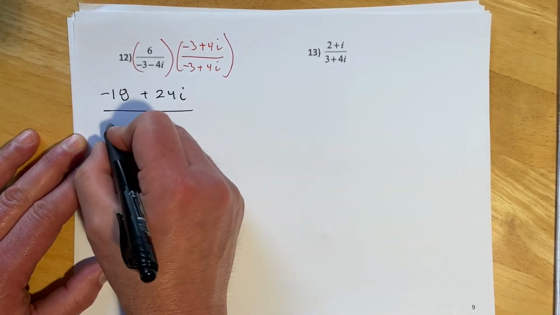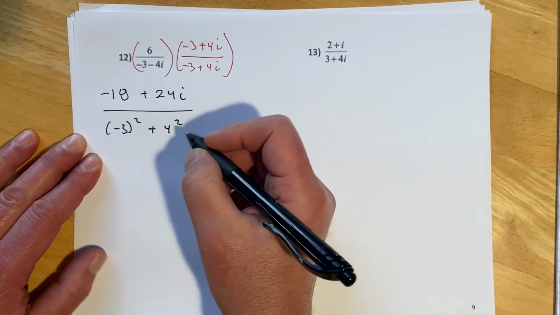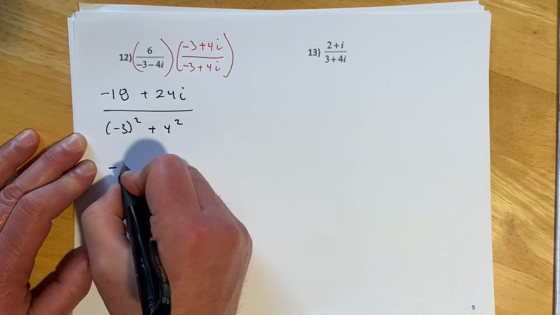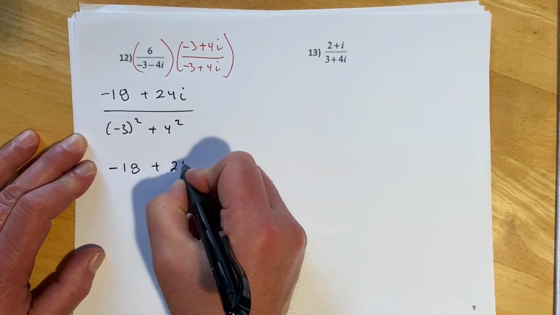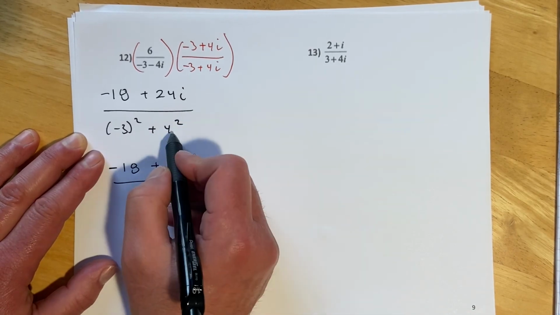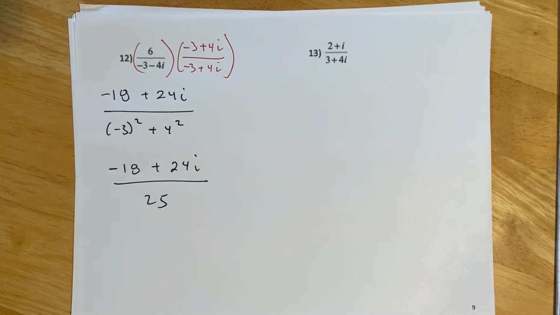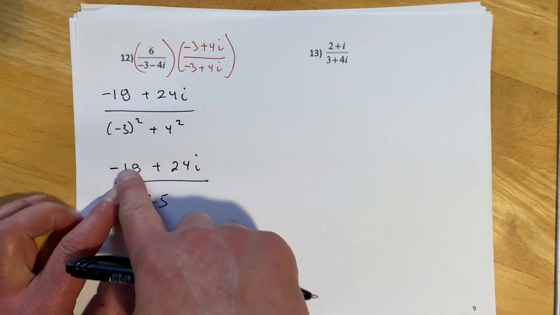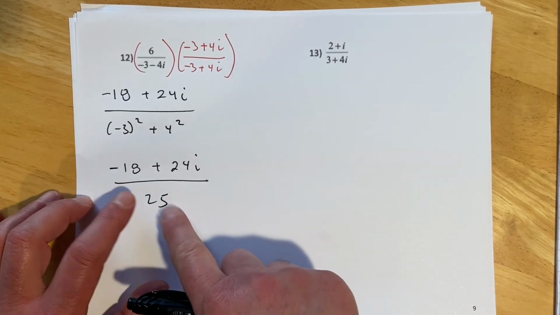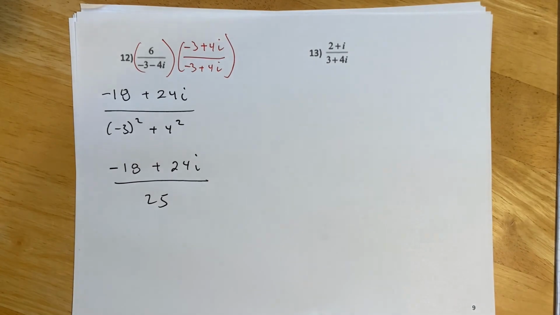And then the denominator will be negative 3 squared plus 4 squared. That will be negative 18 plus 24i over 9 and 16, so 25. If you look, here I could factor out a 3, but it doesn't do anything with the 25. I can't divide out a 5, and this one's the limiting factor, so we can't reduce it any further.